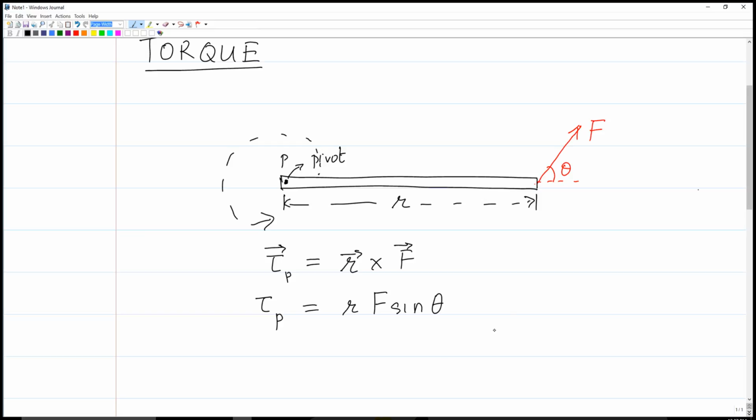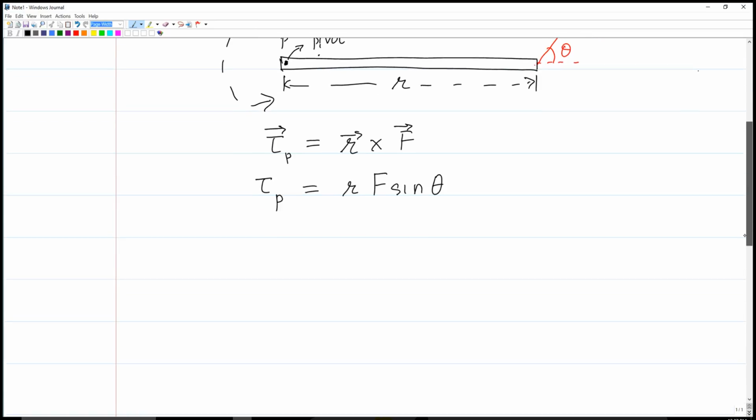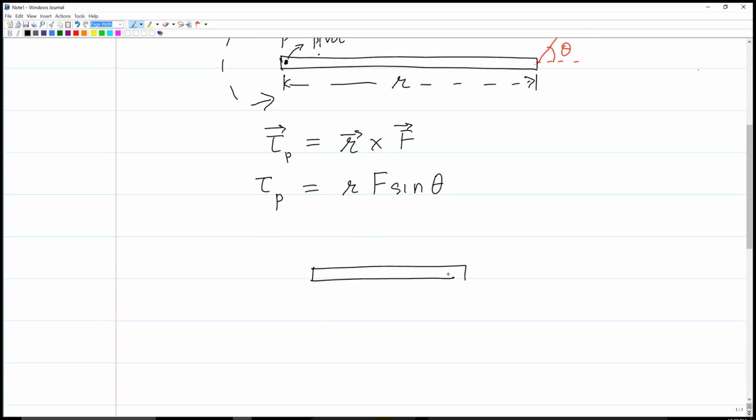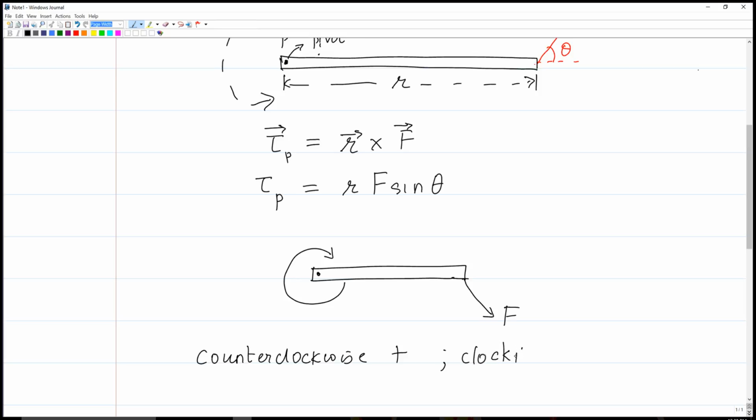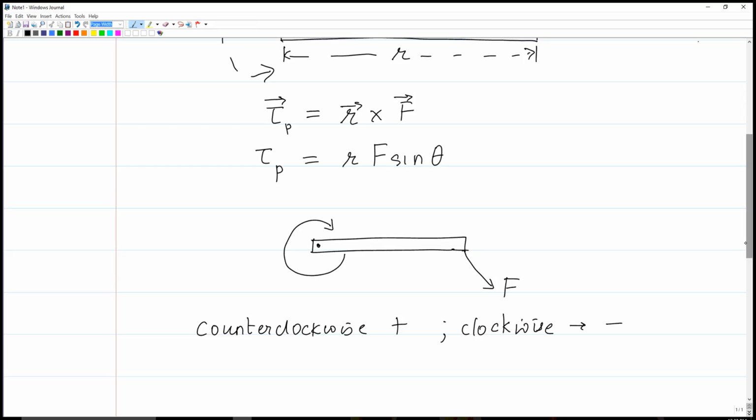On the other hand, if I had a situation that looked like this, once again pivoted at this point, but now the force is pointing in this direction, this would cause it to rotate in a clockwise sense. We will say that all counterclockwise directions will be positive, and we'll call the clockwise rotations negative. Now, what does this positive and negative mean?